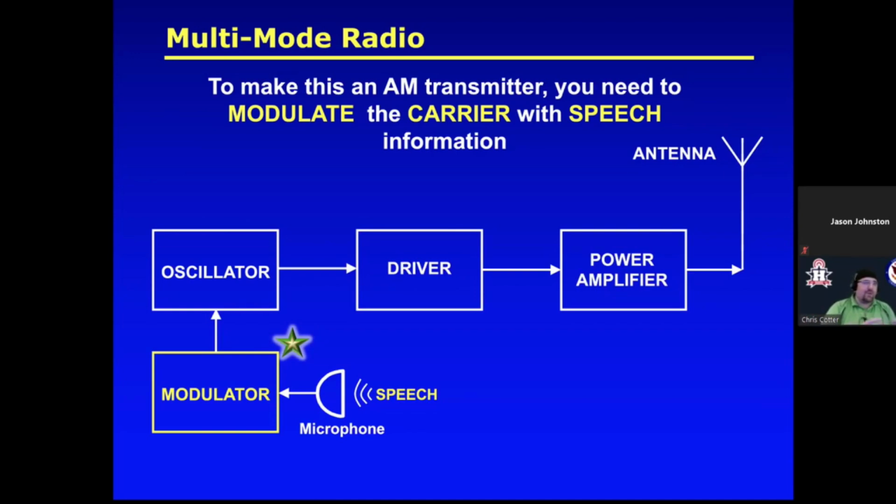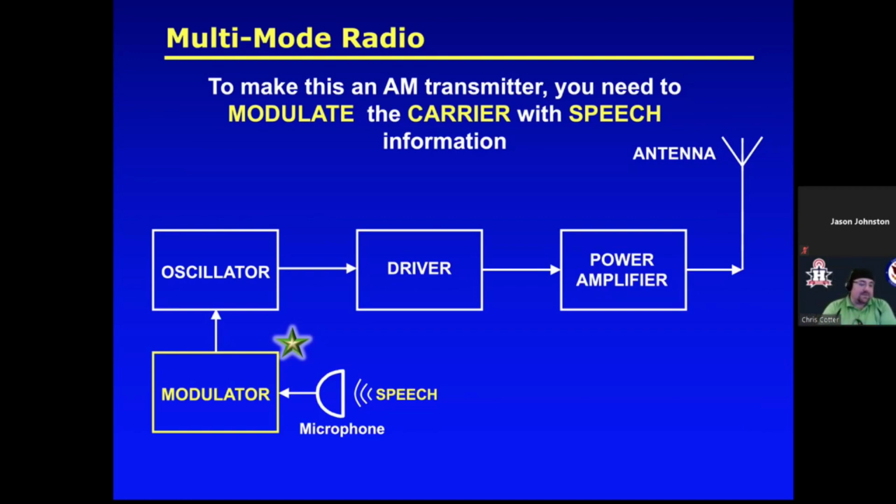It's going to convert that into the electrical signals, which the modulator will then pass to the oscillator in order to overlay that new electrical signal onto the carrier. Again, your carrier is your actual RF signal. Your modulator puts, in this case, the voice electrical signals onto that, which then passes it on down to the driver and the power amplifier.